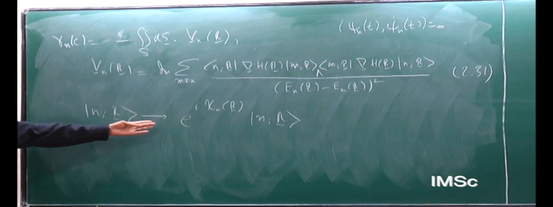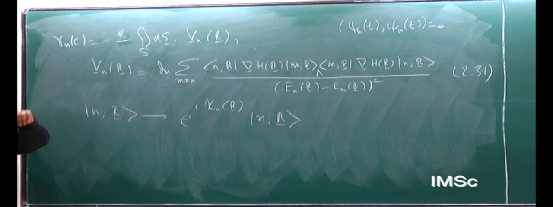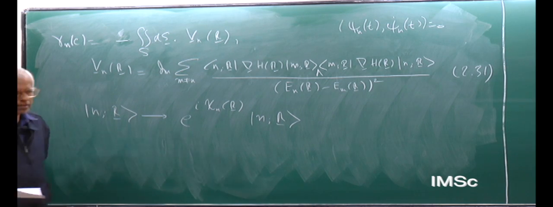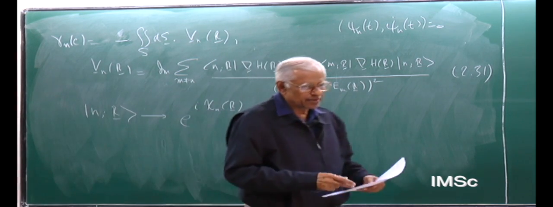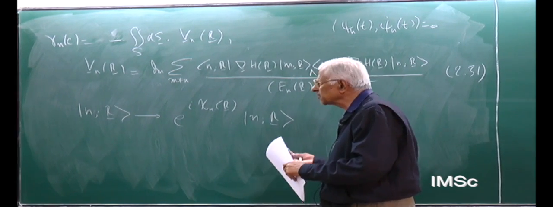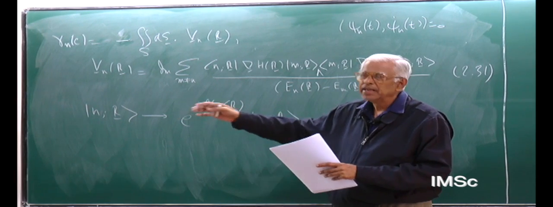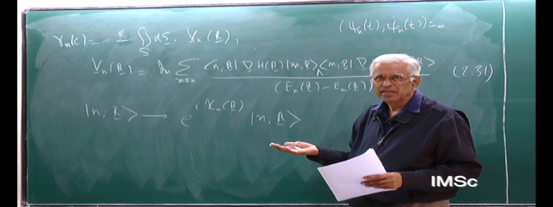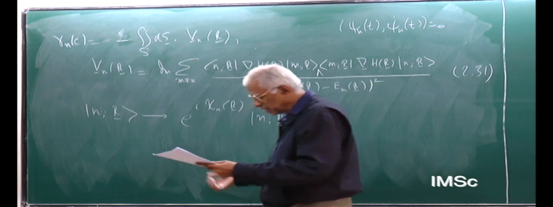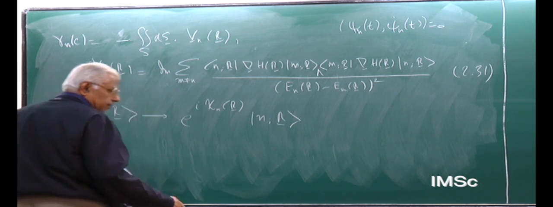It does not allow for this kind of freedom. Okay, that's the difference between the two. Later you will see why this derivation is possible, that derivation is possible, but they lead to the same geometric phase. The reason for that will come out as we go along.